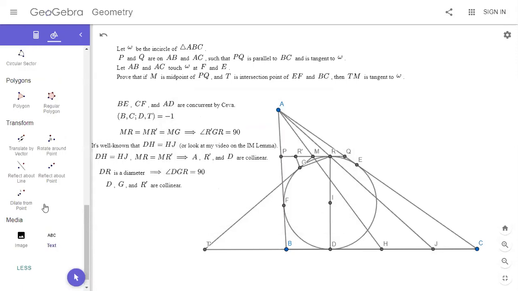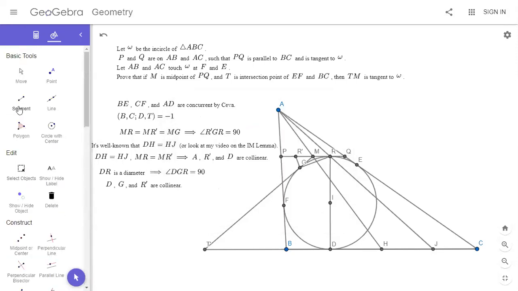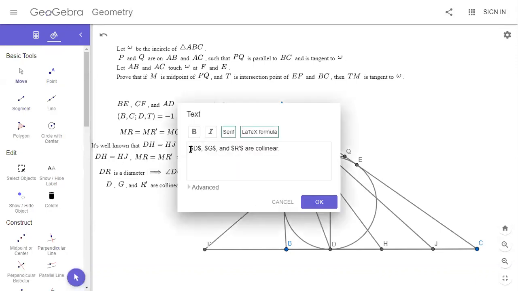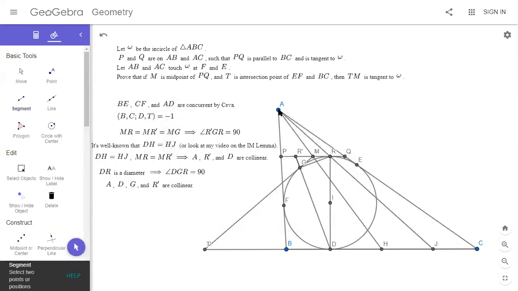All right. So I'm going to draw that in. And like I mentioned before, we also know that A, R prime and D are collinear. So in fact, we can add point A to this. I'm just going to add A here. Okay.